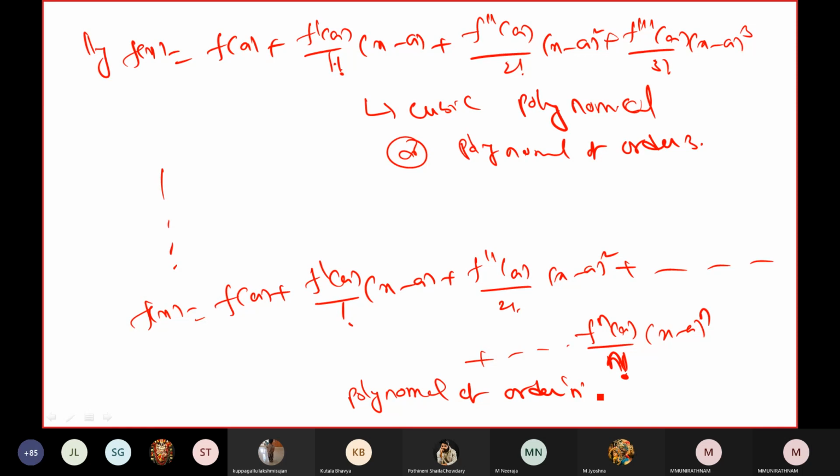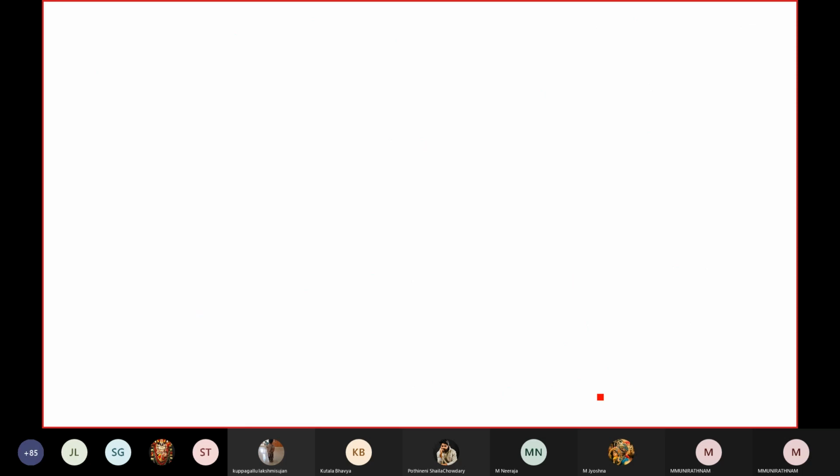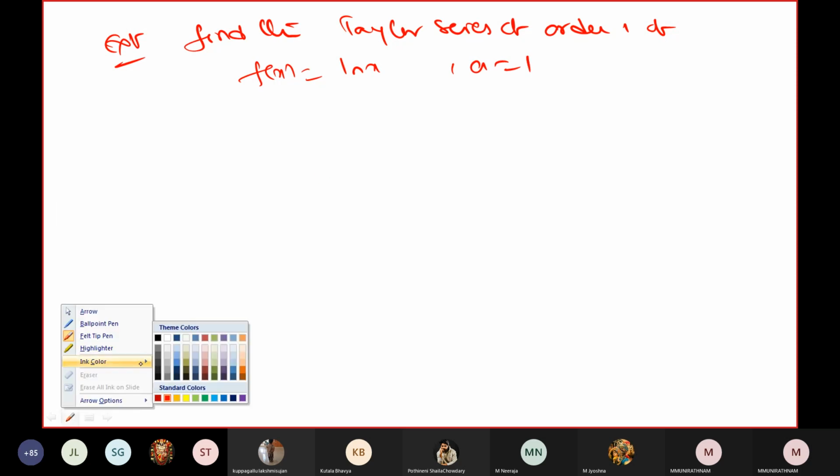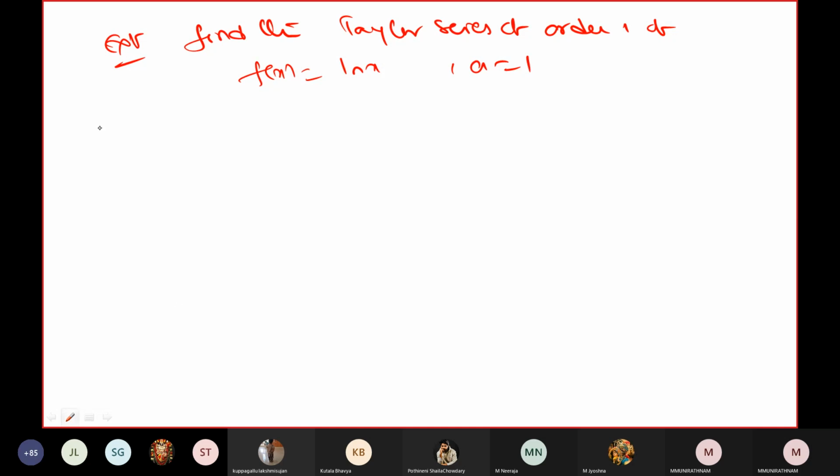Write down an example. Find the Taylor series of order 1 of f of x equal to ln x at a equal to 1.